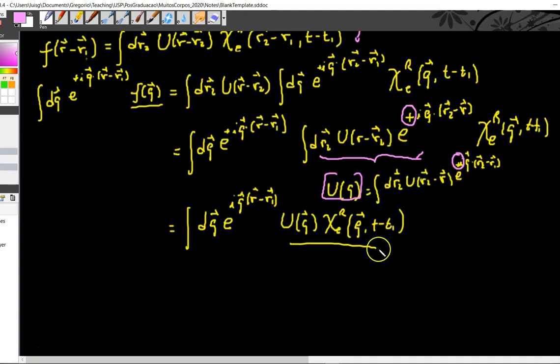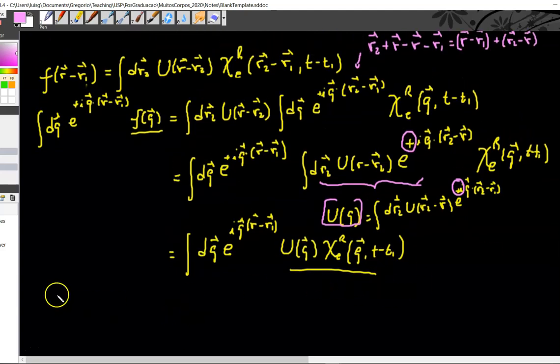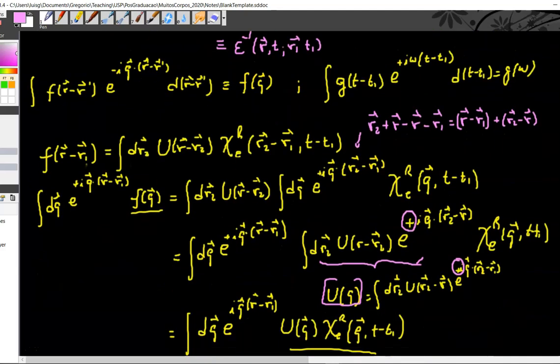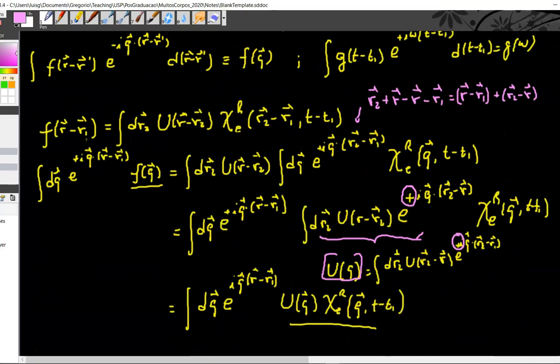Now the second part is just to Fourier transform in frequency, but that's trivial because this already gives me the Fourier transform in q, in frequency, just applying this, and I'll get just this as a function of omega.